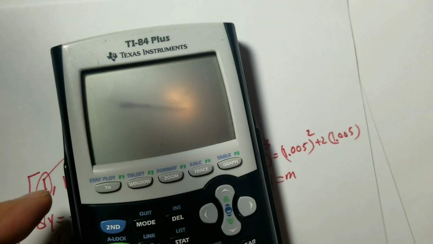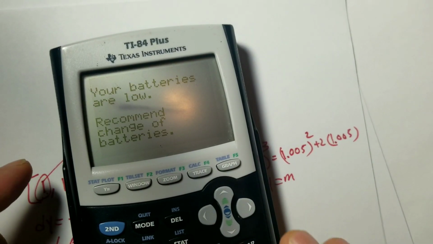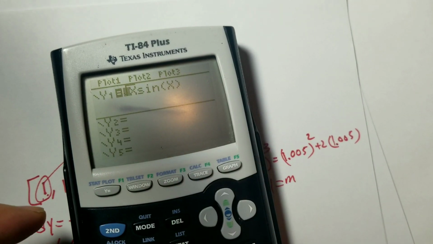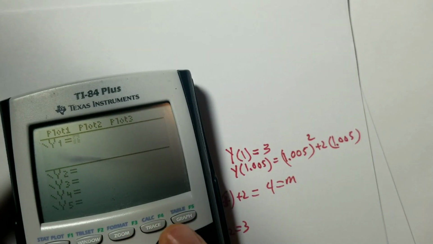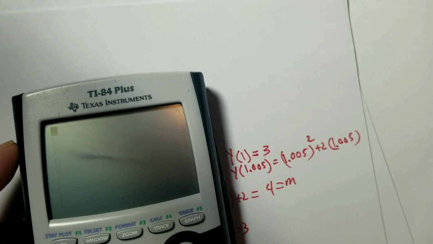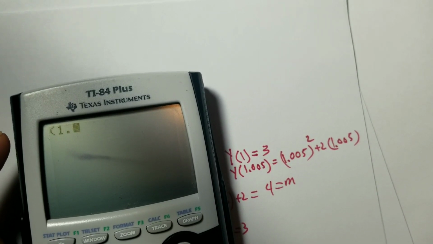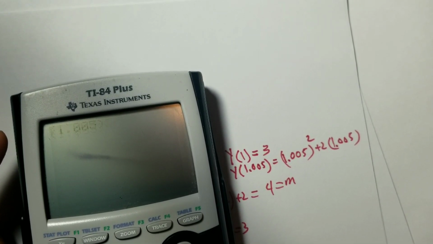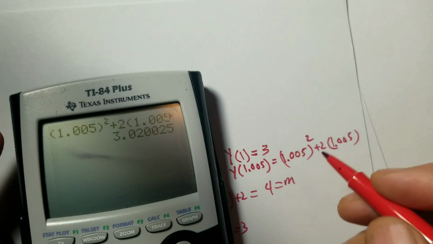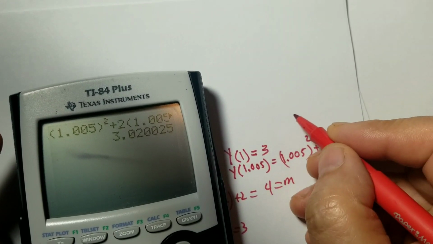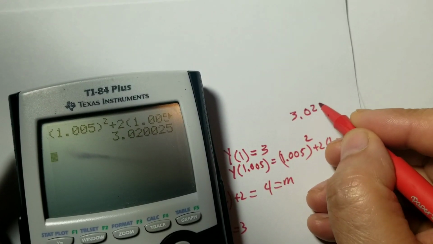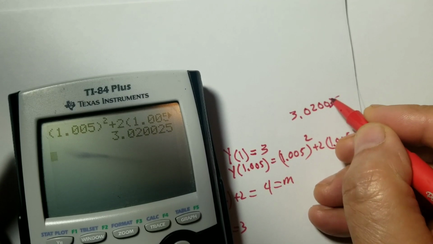What was the difference? Therefore, I go right here and put open parenthesis 1.005 squared plus 2 times 1.005, and that becomes 3.020025.